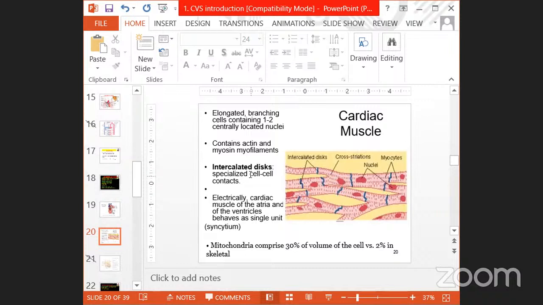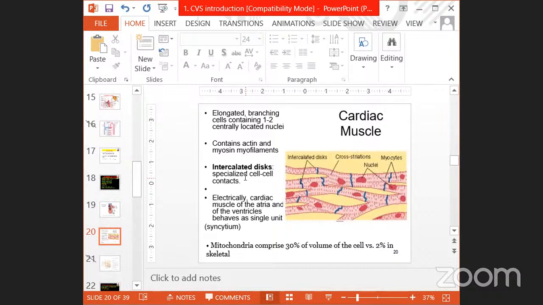And when two cells join, they form specialized cell-to-cell connections known as intercalated discs, which are invaginated and contractile in structure.